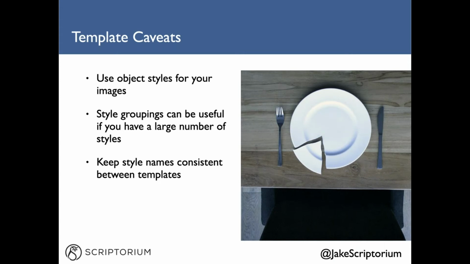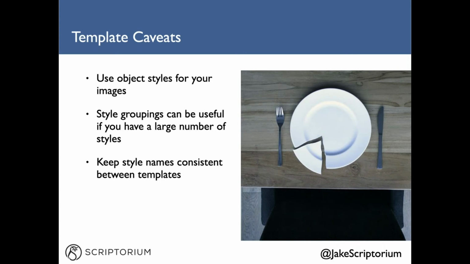It's also useful to have style groupings, just because once your list of styles gets to a certain number, it can become a little difficult to navigate. And if you have multiple templates for defining things like different page masters for your body or different actual formatting on the styles themselves, you want to try and keep those names consistent between the templates.